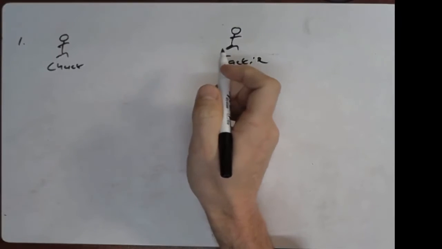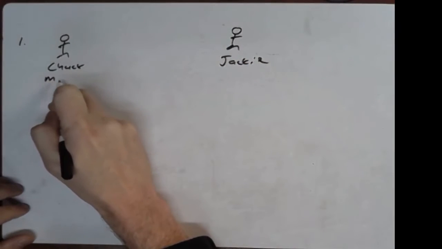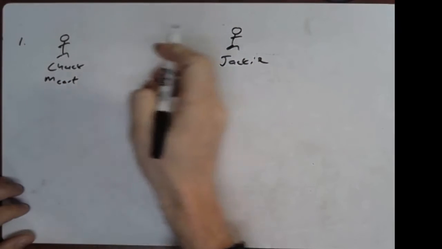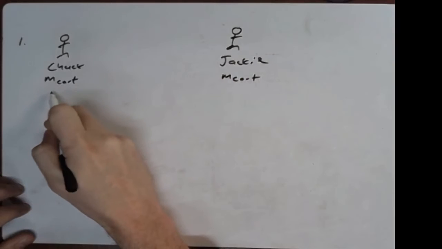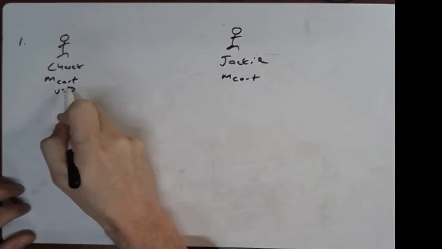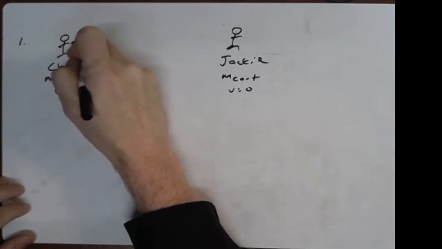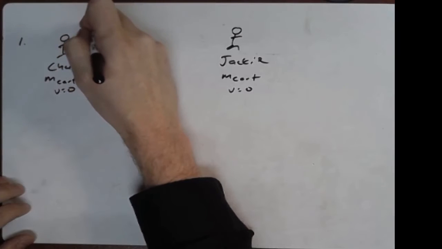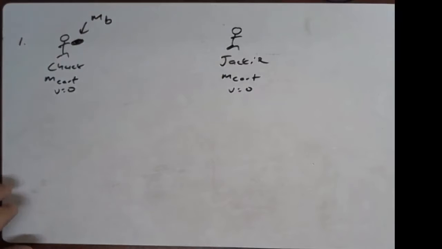I'm not going to draw the carts, but they're there. So Chuck has an inertia of m cart. Jackie has the same inertia of m cart. And their initial velocities are 0. Nobody's moving. V equals 0, V equals 0. And then there's also a baseball right there, which has an inertia of mb. And it's also not moving to begin with.